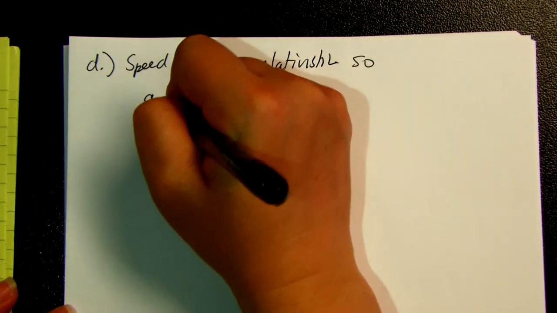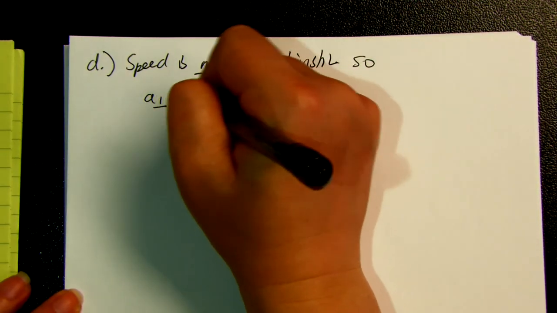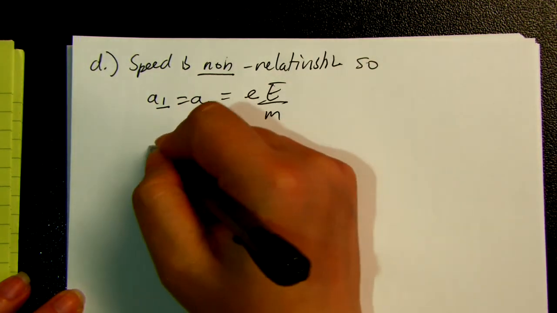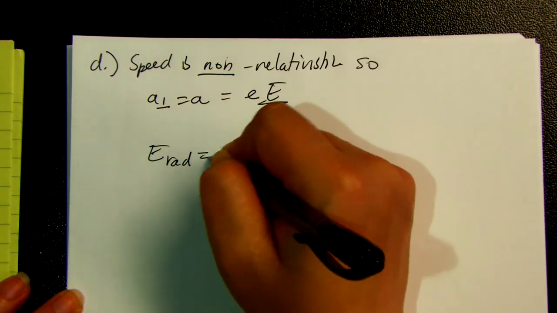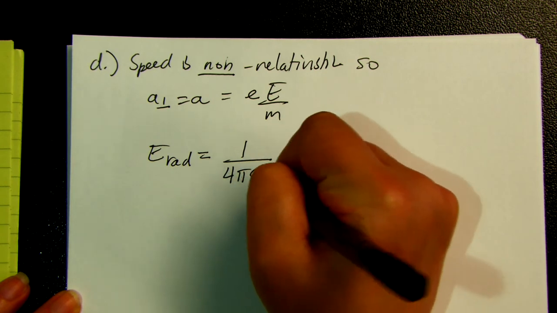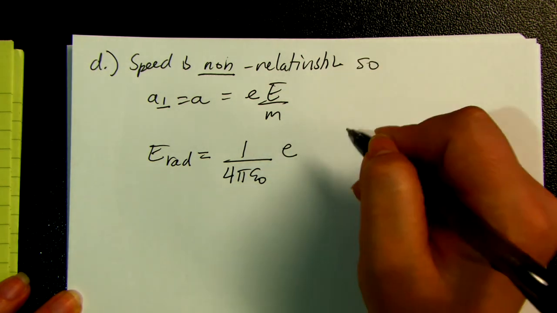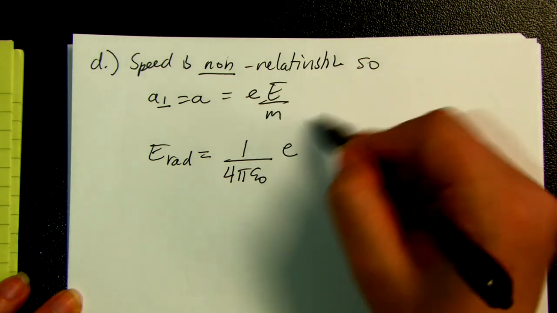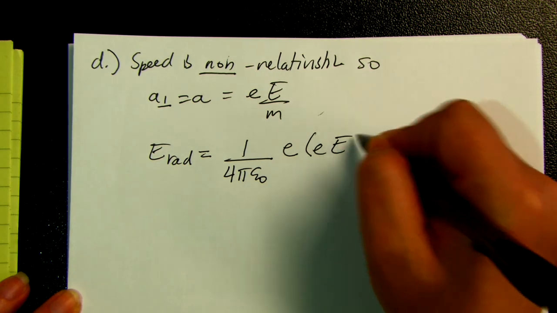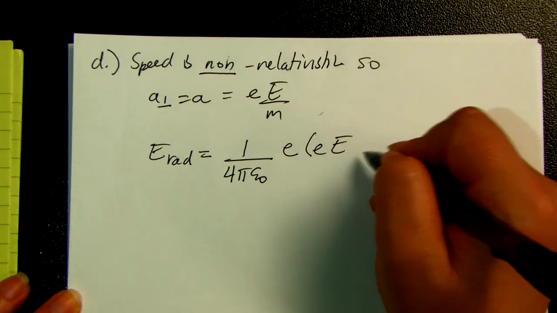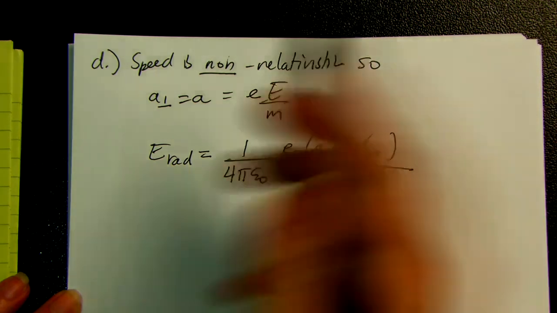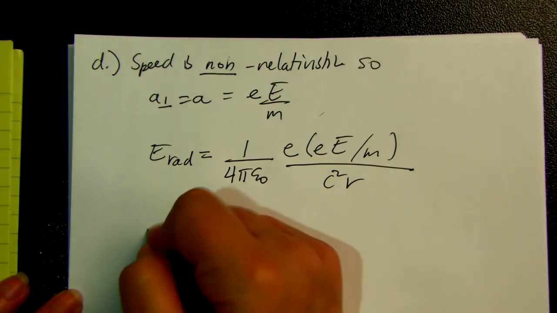So A perpendicular is equal to A is equal to E over M, E radiative, 1 over 4 pi epsilon naught. And we saw this expression, of course, all the way back in chapter 13. E, charge E times E divided by M over C squared R. We're looking for magnitudes, that's why I've dropped my negative signs.